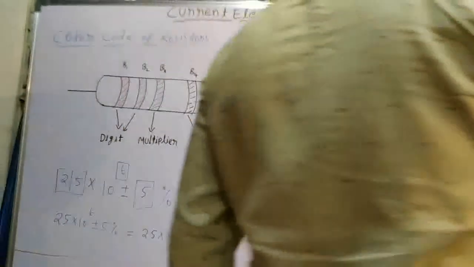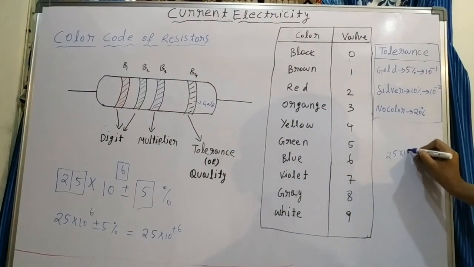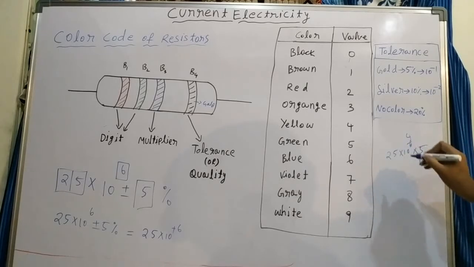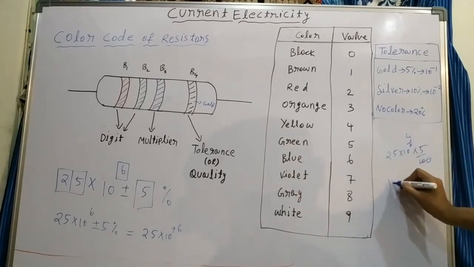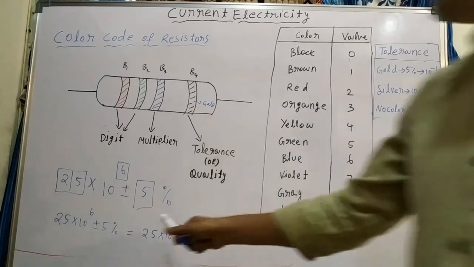So you can write first 25 into 10 power 6 into 5 by 100. 2 zeros get cancelled, here you get 4, and 25 into 5 is 125. So 125 into 10 power 4 is the plus or minus value.